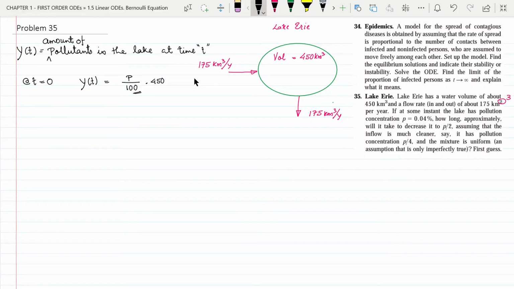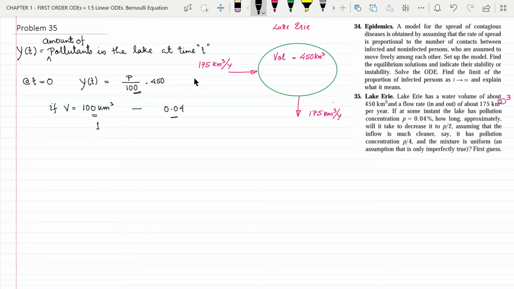Let me explain it further. If the volume of the lake was 100 kilometer cube, then the amount of pollution in the lake would have been 0.04 because it is given in percentage. So, for volume equal to 100, the amount of pollutants is 0.04.